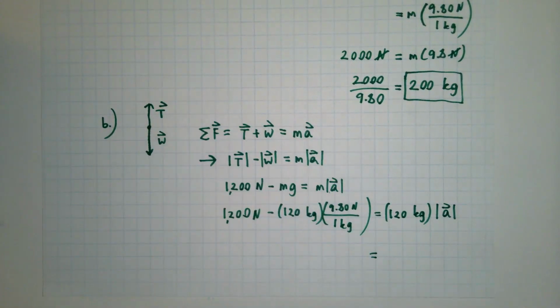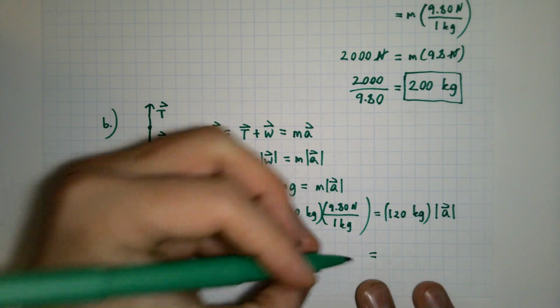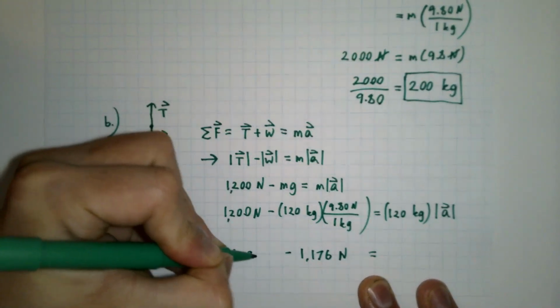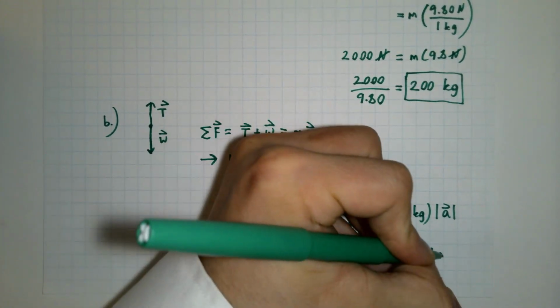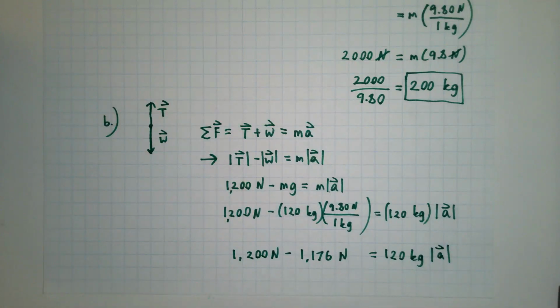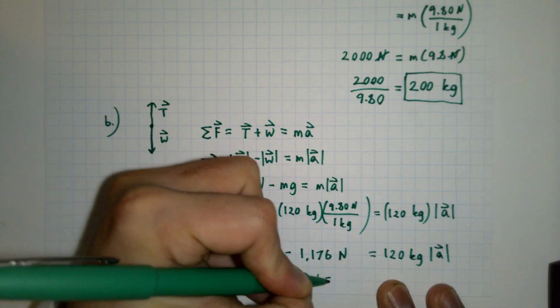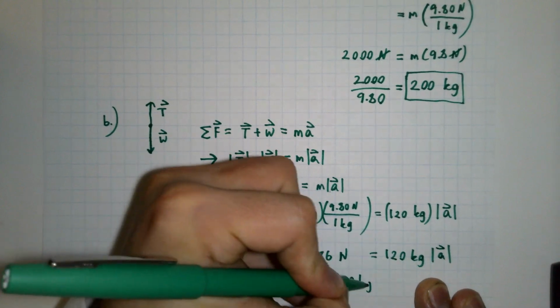I'm going to simplify this left side first of all. So I'm going to do 120 times 9.8 newtons per kilogram. That gives me 1,176 newtons. Simplifying this left side even further, the 1,200 newtons, that's the force pulling up, minus the force due to gravity or the weight, gives us a net force of 24 newtons on our object, with a mass of 120 kilograms.